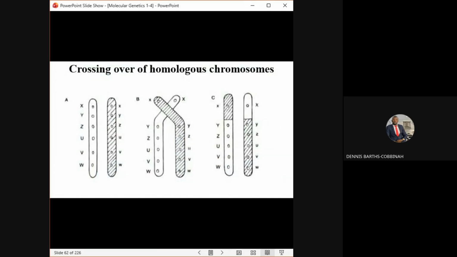So we can use this diagram to represent how crossing over occurs during meiosis.